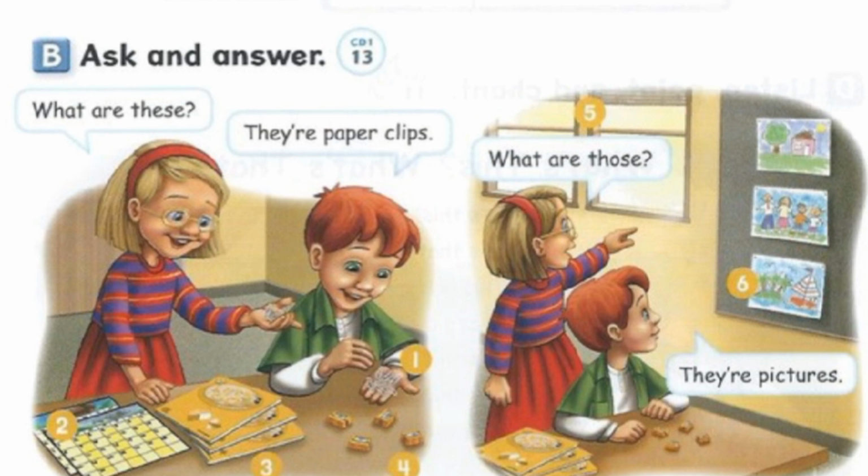I am repeating the use of this and that, but with some addition, like these and those. Remember, when the object is near and singular, we use this. And when the object is near and plural, we use these.